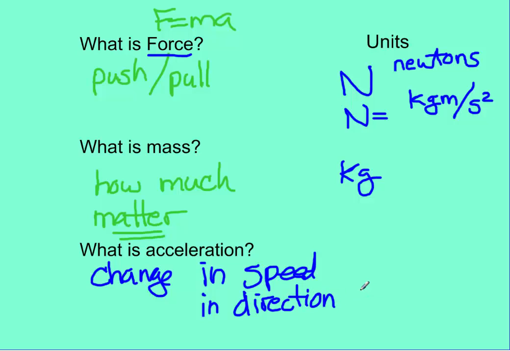So if you were to hear about a car changing its lanes, that would be acceleration because it's changing its direction. Or if it turned to the left, if it speeded up or it slowed down. The unit for acceleration is meters per second squared. Now, if you aren't familiar with that, don't worry. Again, we're going to come back to that later on.